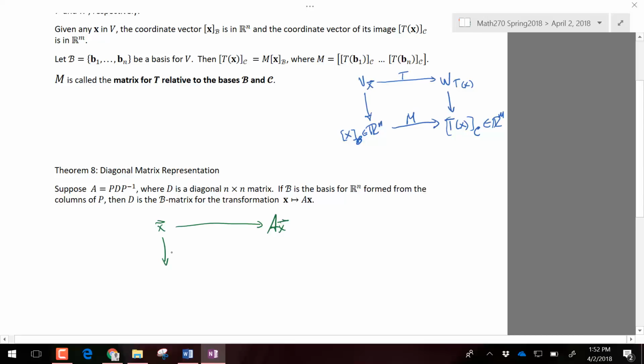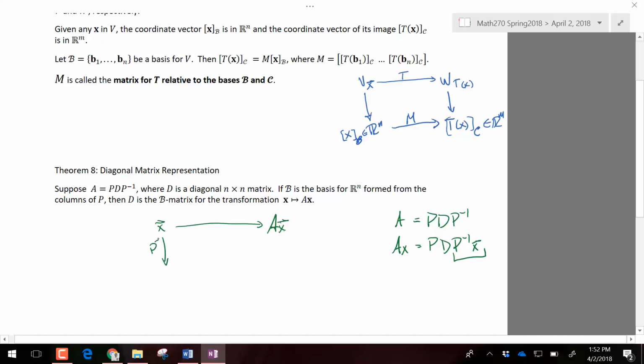So instead of going directly to this, in a transformation situation, A is equal to P D P inverse. And what happens when you apply this to x is you have Ax equal to P D P inverse of x, right? And remember that when you apply a matrix to a vector, it's essentially matrix multiplication. So what's actually happening here is that we can consider this P inverse of x.